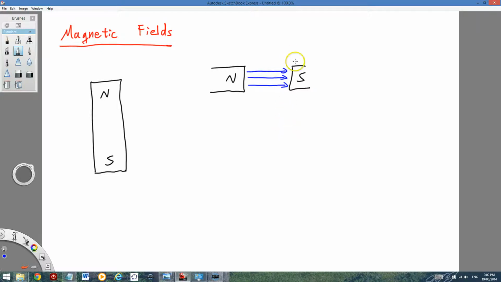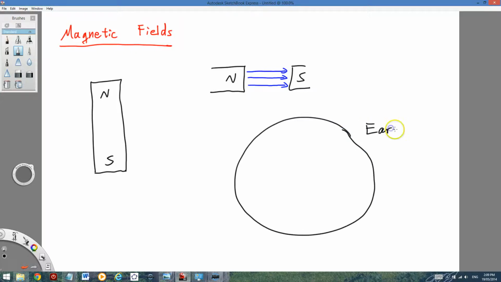Also remember that about planet Earth. Say this is Earth.